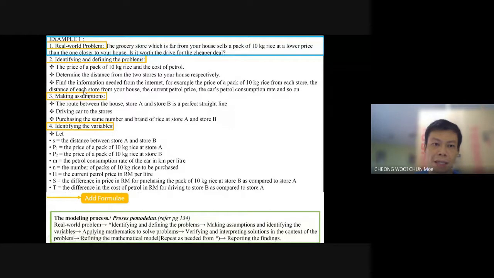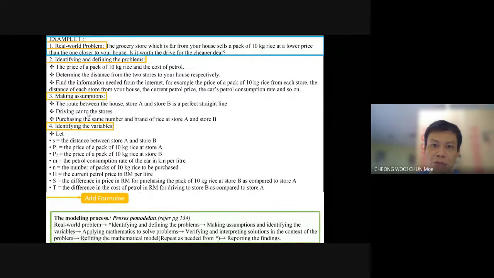So we look at making assumptions. The route between the house, store A and store B is a perfect straight line. So we must assume that it's a straight line, there's no winding road, so that only then you can calculate a constant answer. Then driving cars to the stores, that means you are using a car because you're driving.